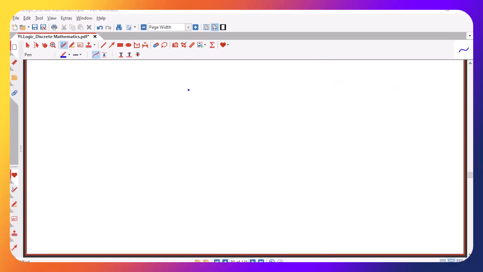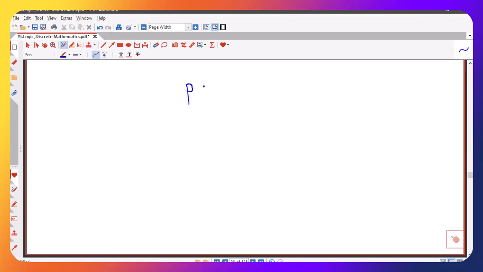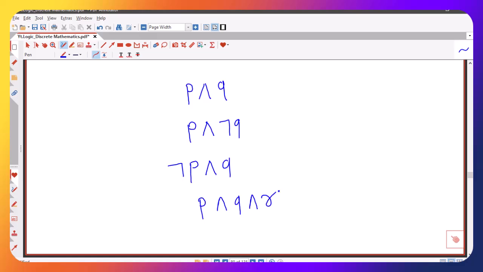Here I am writing these conjunctions. I am writing the conjunction of P and Q. Similarly, I can write different compound propositions in which I am using this conjunction operator. I can write P and Q and R also.